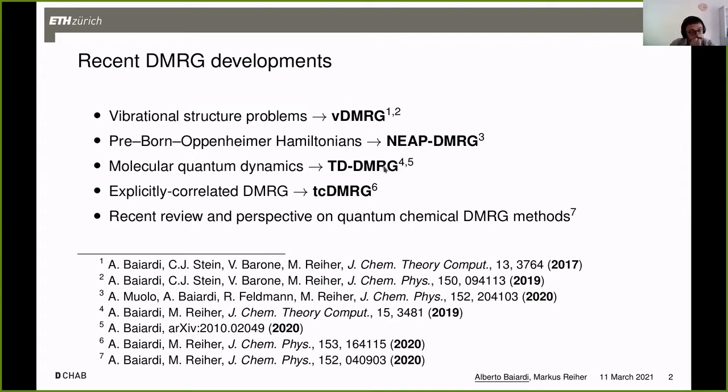I will then move to the main part, which is connected to molecular quantum dynamics, to then finally give you some brief notes about a method that we recently introduced in order to go in the direction of explicitly correlated DMRG based on the transcorrelated Hamiltonian approach.